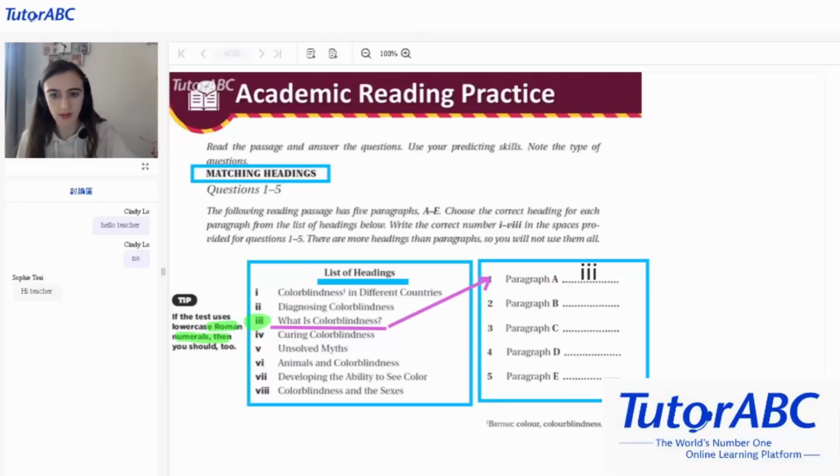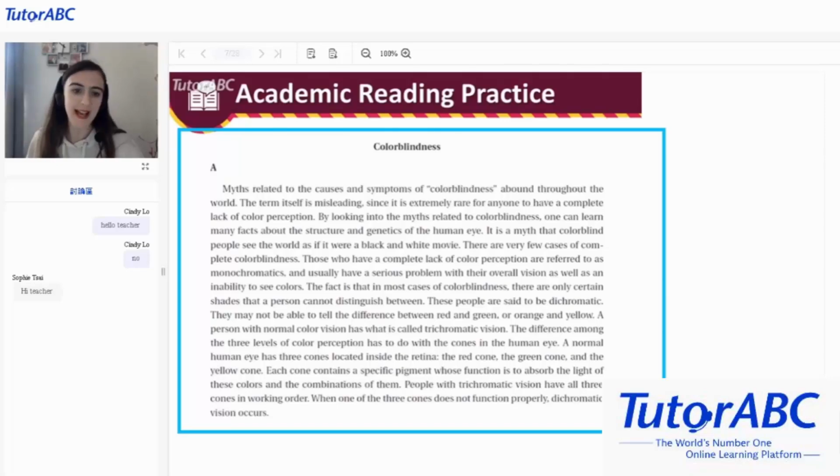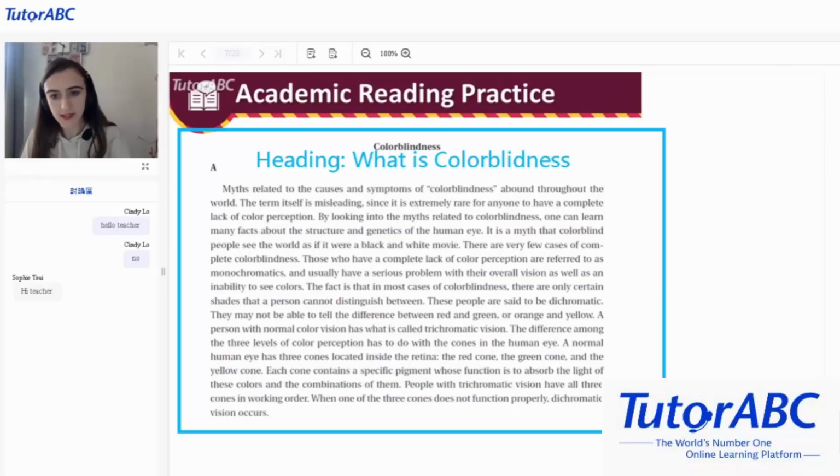So, that's basically the paragraph that has a heading. The heading is this one: What is color blindness?